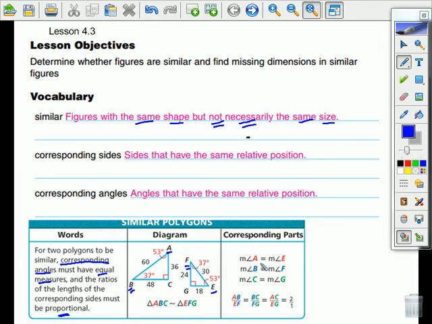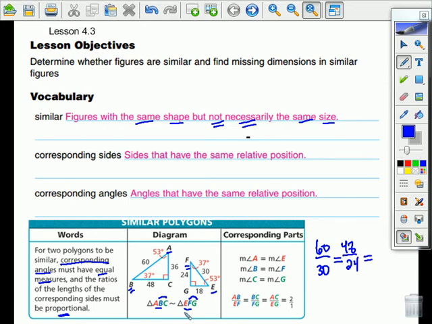So that means similarity. Here we wrote the corresponding parts, and here are the corresponding side lengths as ratios. So AB, which is 60, corresponds to EF, which is 30, and that should be equal to BC and FG. So BC is 48 and FG is 24.